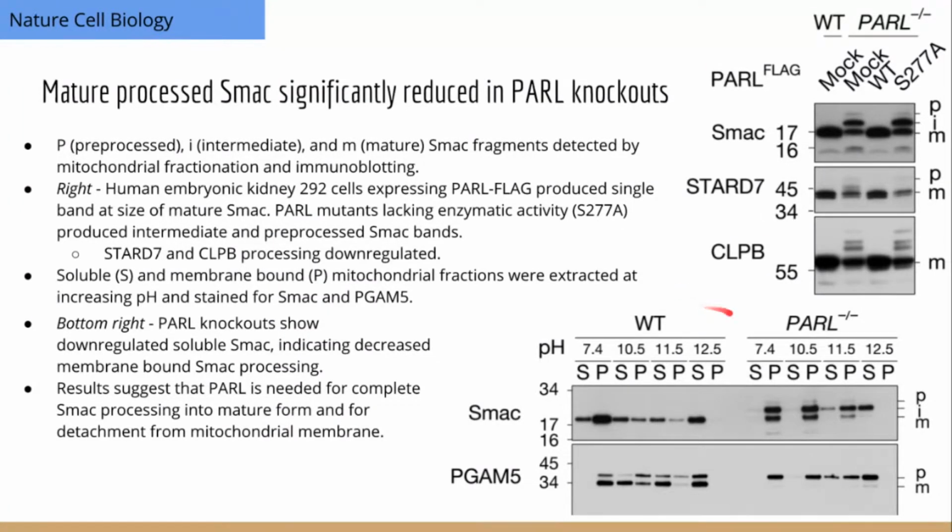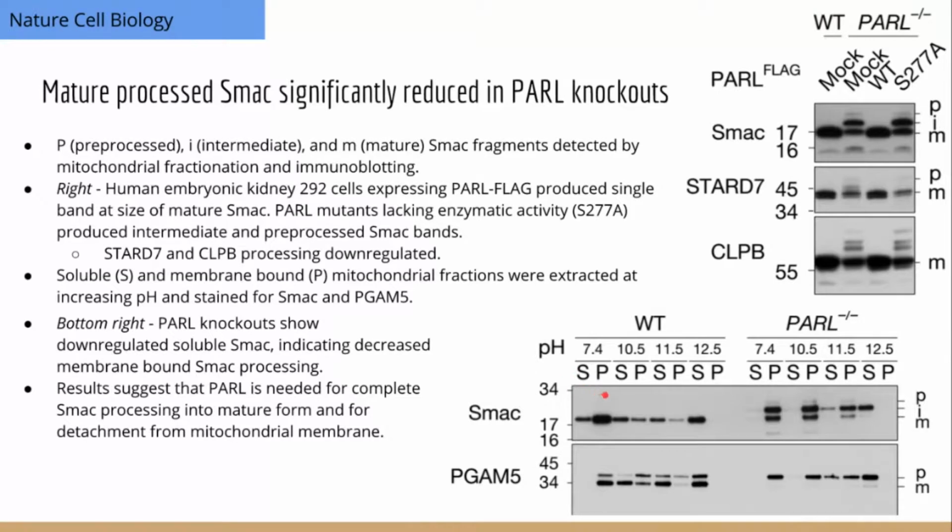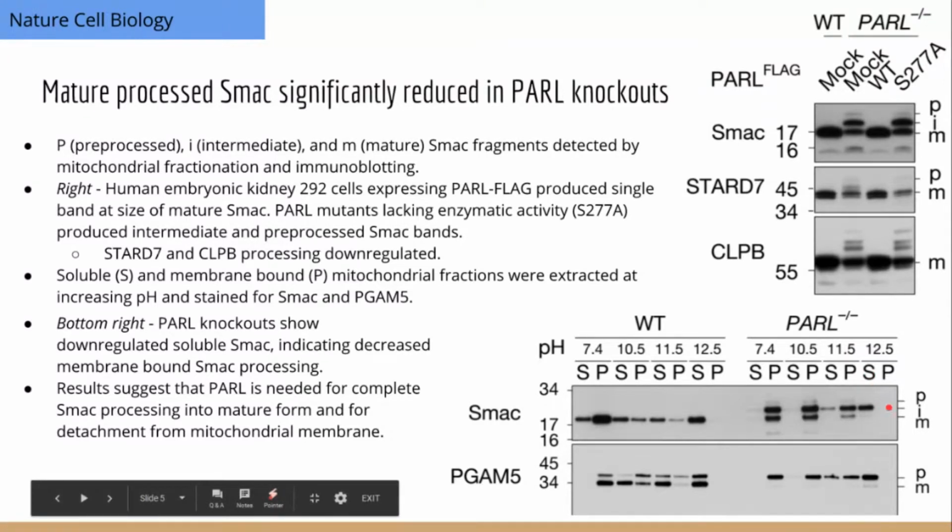And so to test this, they conducted another Western blot of soluble, so S means soluble, and P means membrane-bound Smac. And it's only until the pH is cranked up, which causes protein dissociation from the membrane, before Smac is solubilized. So we see the amount of soluble Smac in the PARL knockouts is almost non-existent.